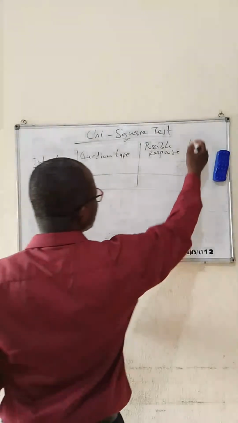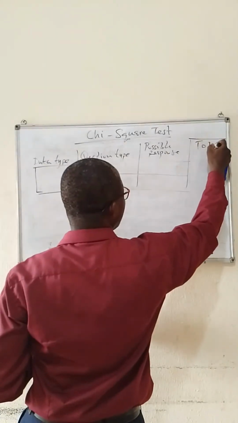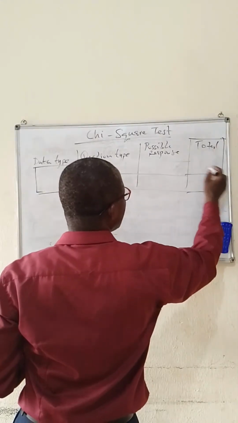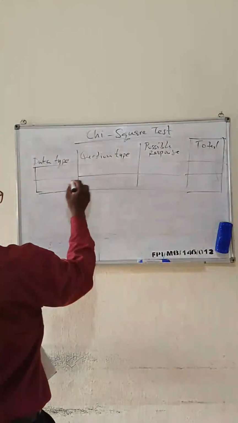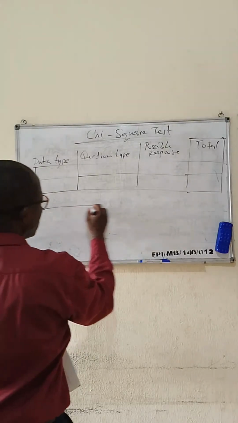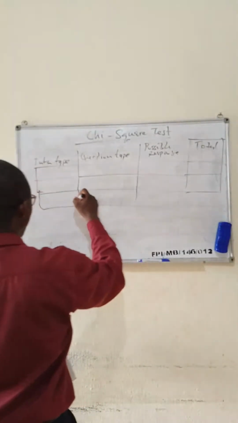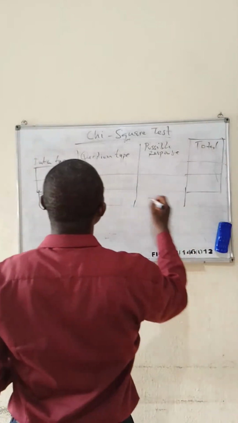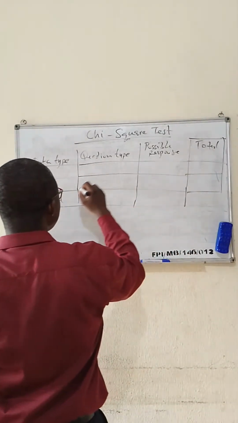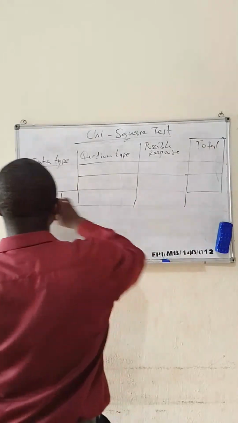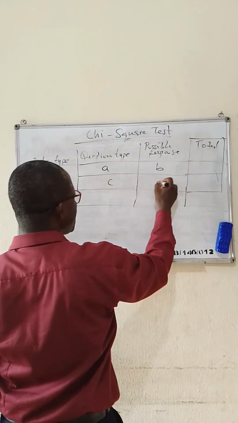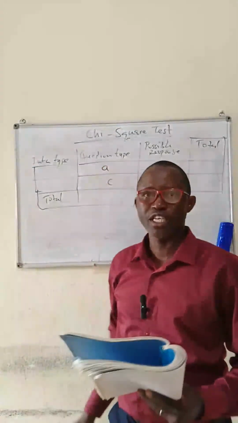Then we do a summation, that is the total for both the column and the row. So this is a 2 by 2 contingency table. In the 2 by 2 contingency table, the total column and total row will not be given. We have values A, B, C, D. Four values will be given.